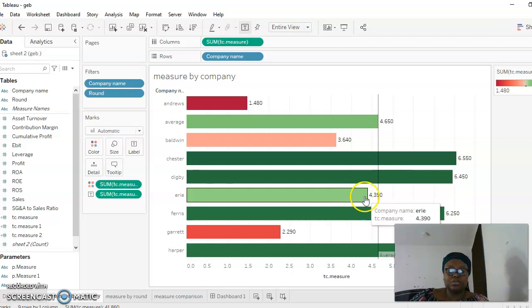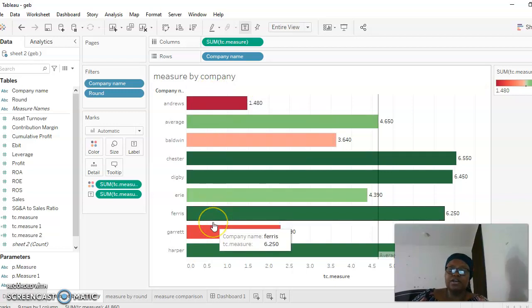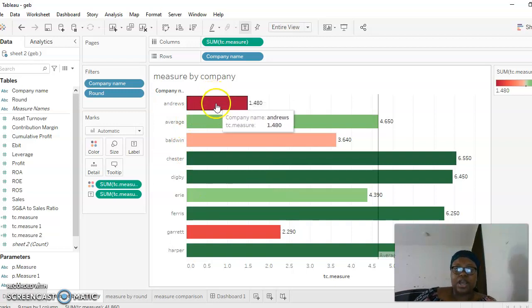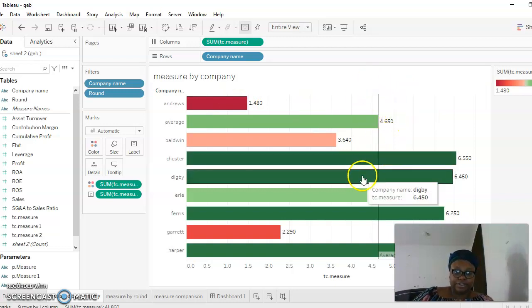One is slightly close to it, and 3 companies, Andrews, Baldwin, and Garrett, aren't performing as well as the other companies. So this graph makes it easy for us to see how companies perform against the market average.